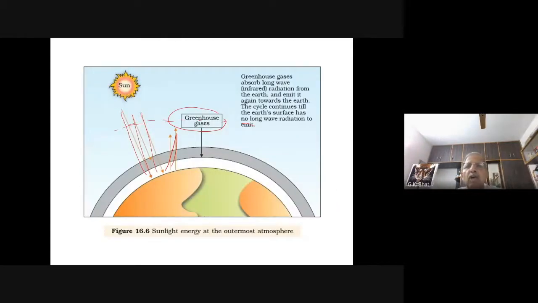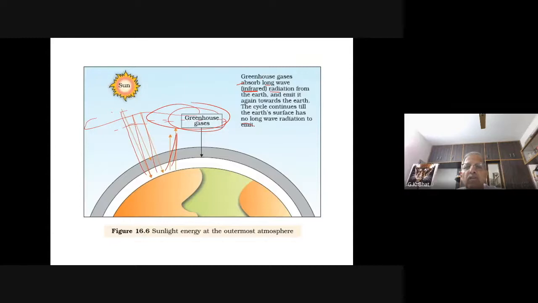These are the greenhouse gases here. Greenhouse gases absorb long wave radiation, long wave infrared. Long wave radiation is always infrared.